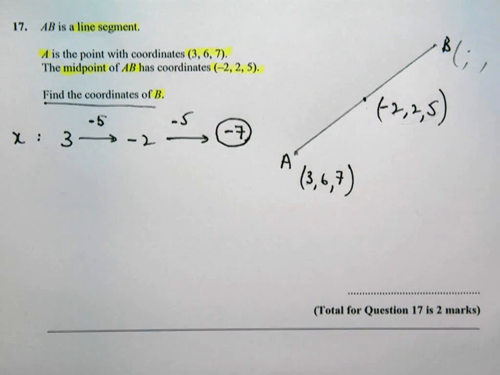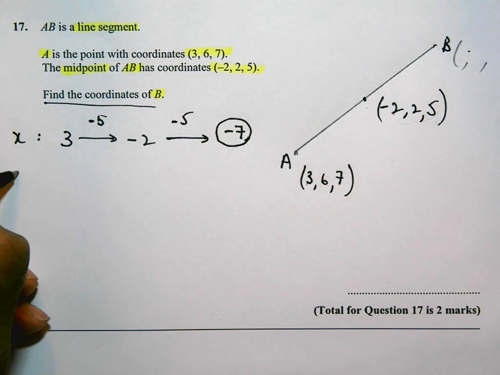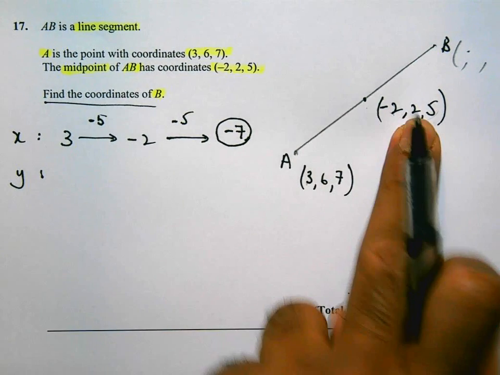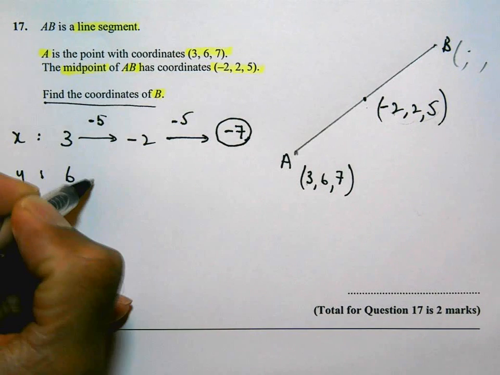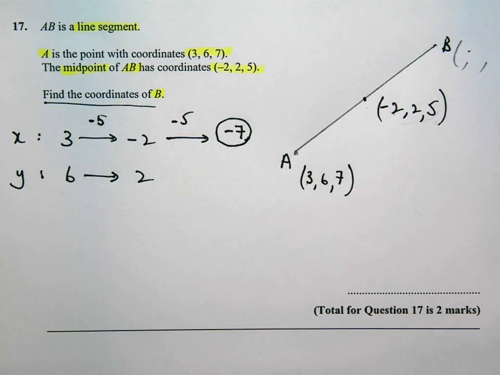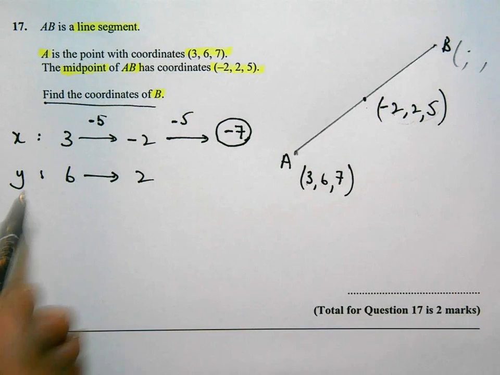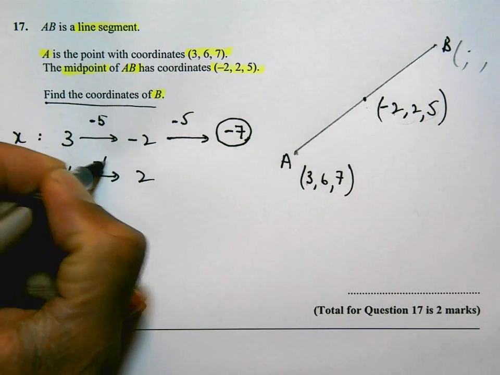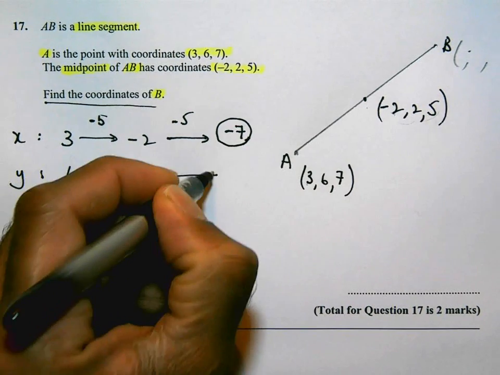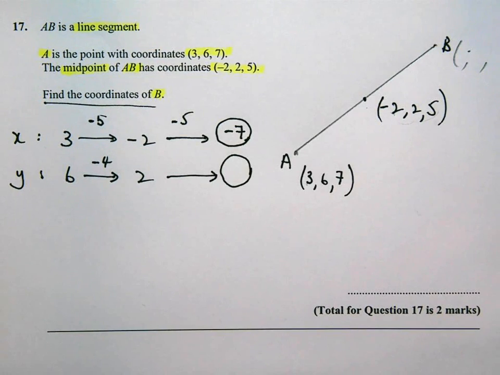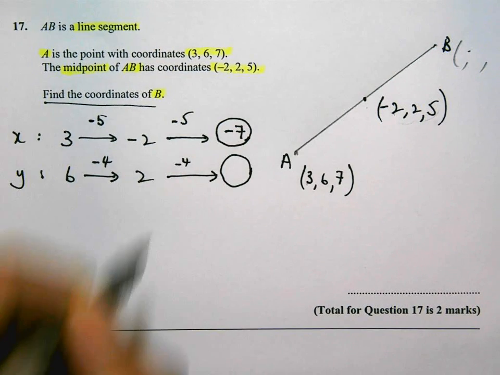If I do that for the y coordinates, what do I do to 6 to get 2? Okay, so these are the y coordinates in A, and the midpoint. So I need to take away 4. If I do the same again, I'll work out the y coordinate of B. So take away 4, and that gives me -2.